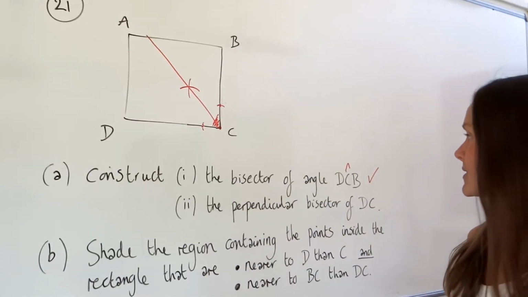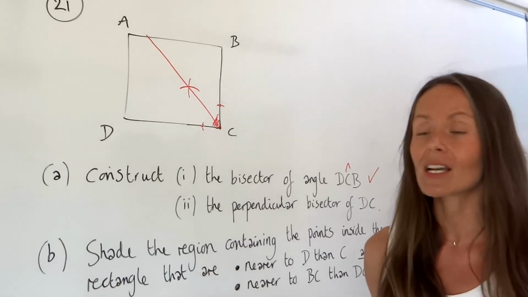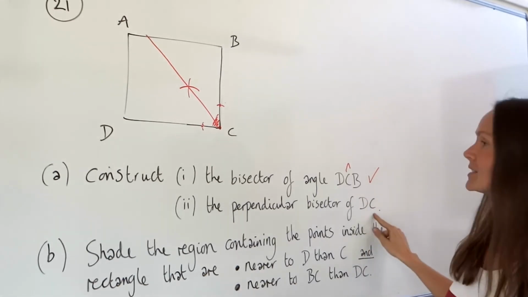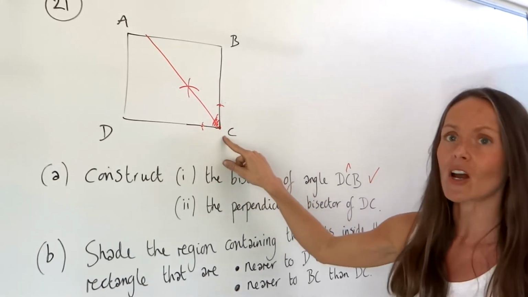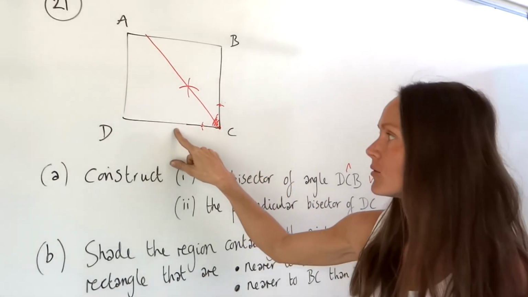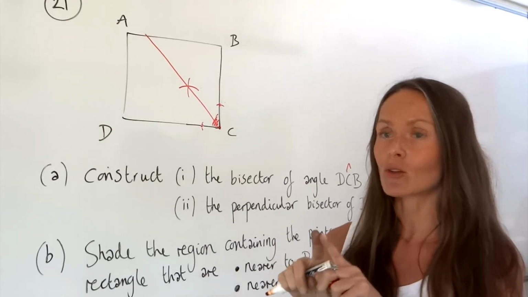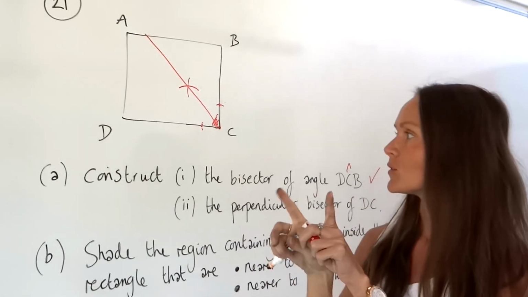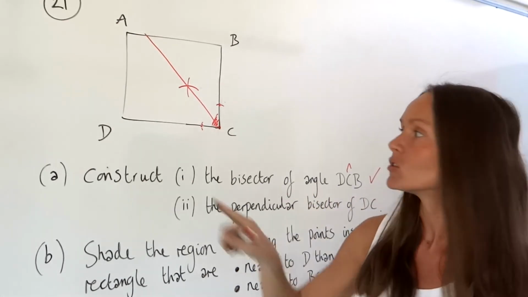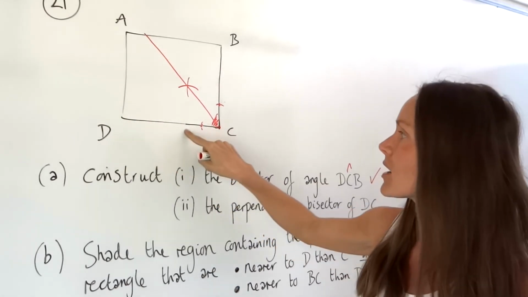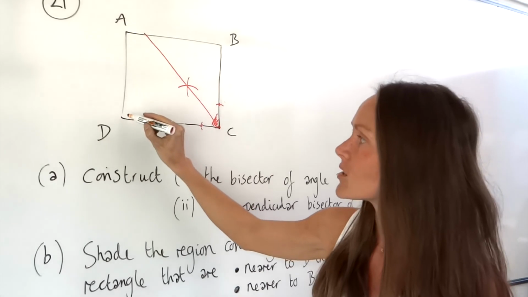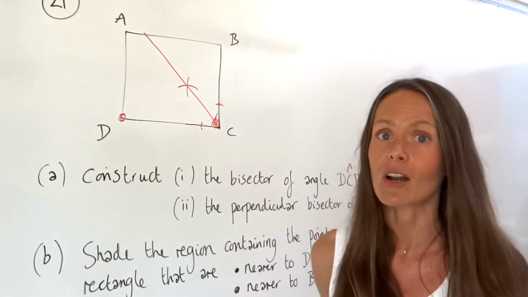Now for part 2, it says construct the perpendicular bisector of DC. DC is a line, so this time we're cutting the line in half. To do that, you need to make your compass a bit wider from the pencil. You're going to make it just over halfway, roughly, along the length of this line, and you're going to place the sharp point on the end of the line.